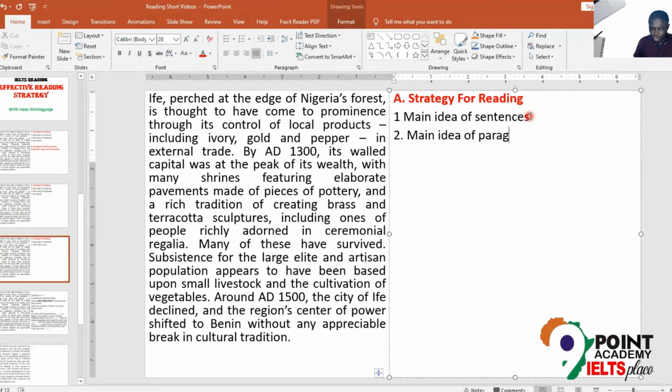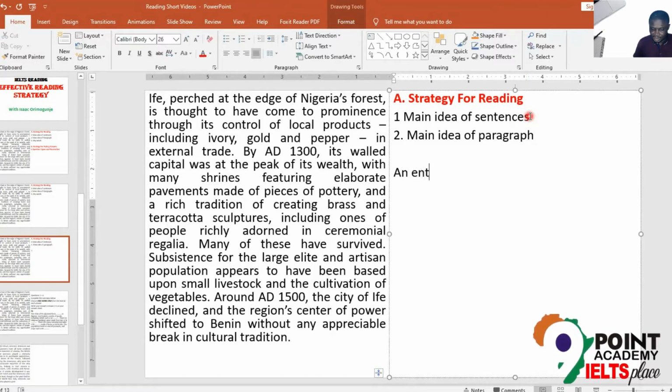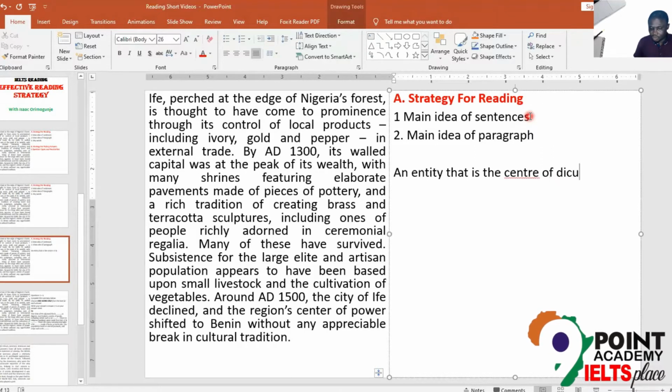Now, for you to pick your main idea of a sentence, there is an entity that is the center of discussion. That's the way you approach your writing.